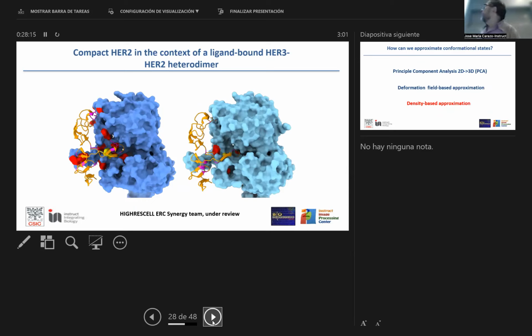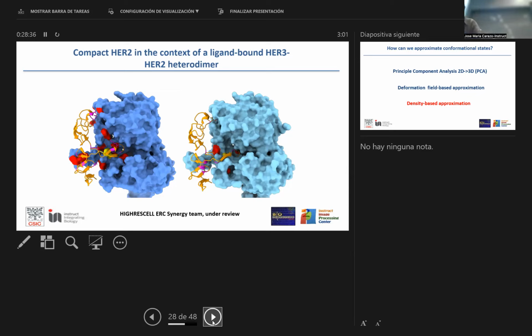And very simply, take the interaction that has to happen, for instance, with HER3. Here we have the dimerization arm of HER3, and how it gets into the dimerization pocket of HER2 nicely in the extended conformation. Okay, this cannot happen in the compact conformation.